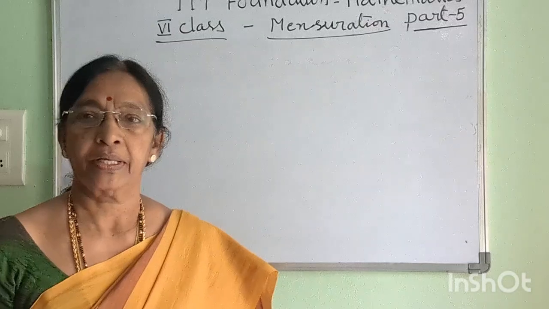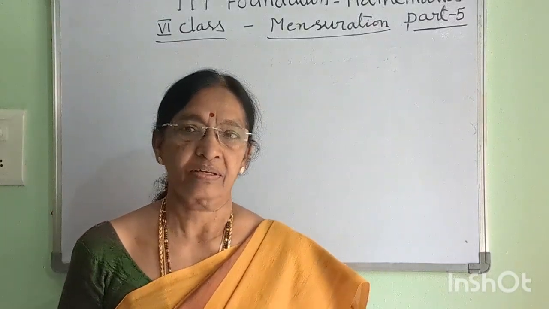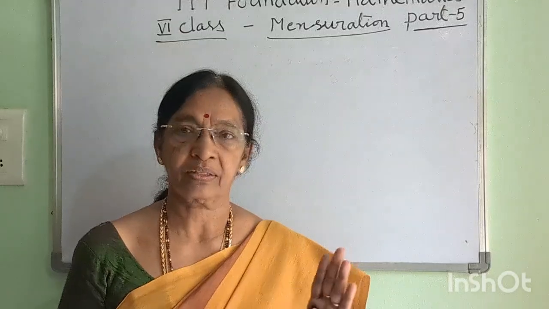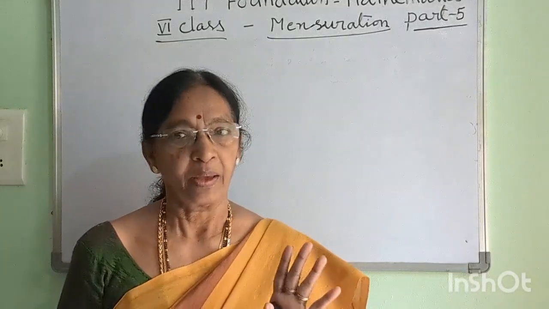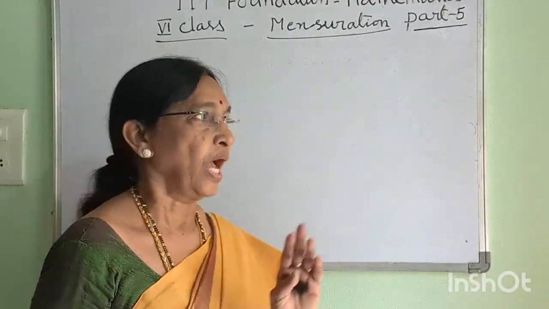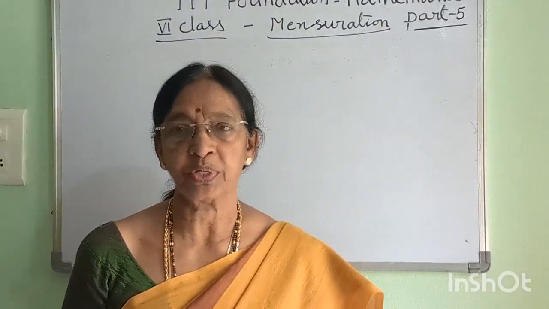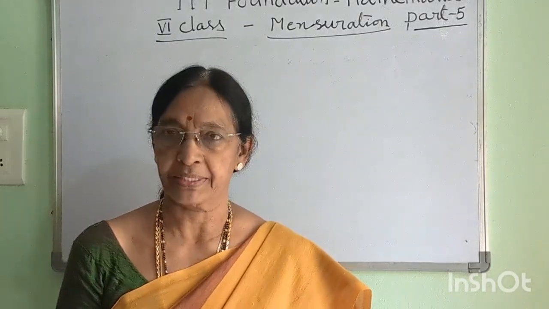In any pyramid, the lateral surfaces are triangles. The lateral faces are all triangles, and the number of lateral faces is equal to the number of sides of the base.